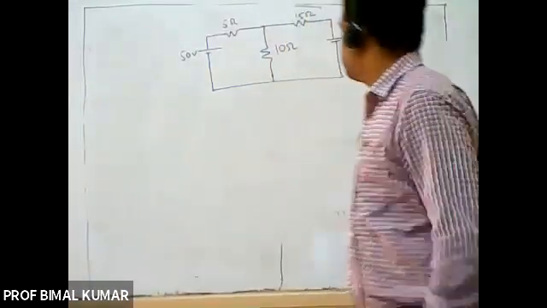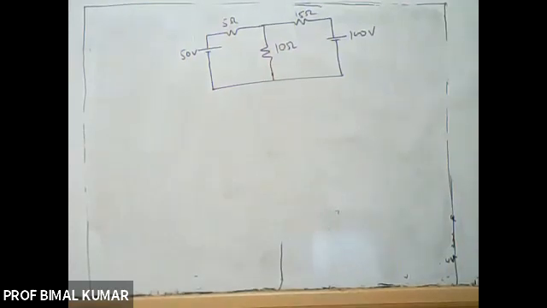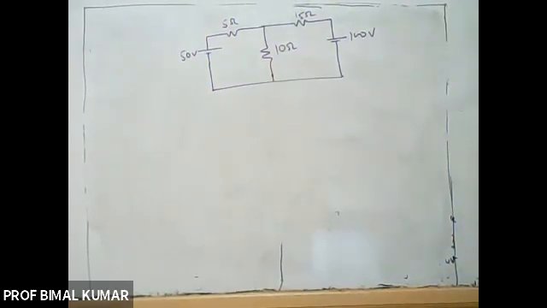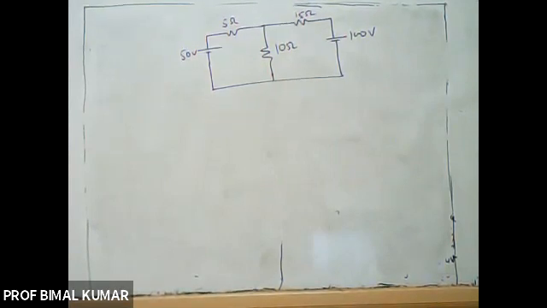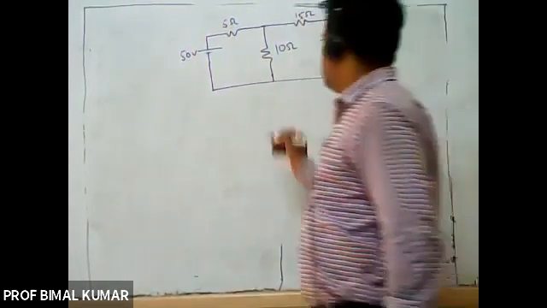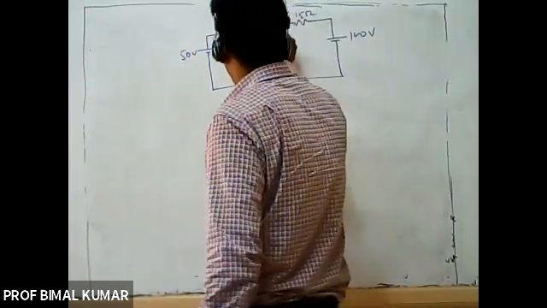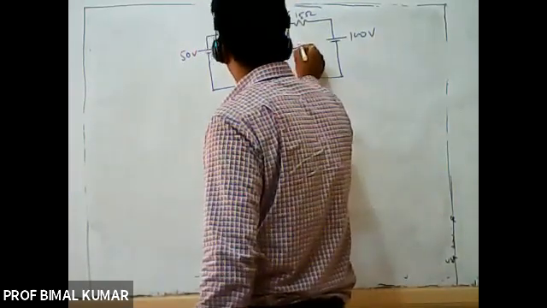Now just take this example. This is the network. Calculate the current through 10 ohm resistance by using Thevenin theorem. That means here I will have to calculate. This is your RL here.